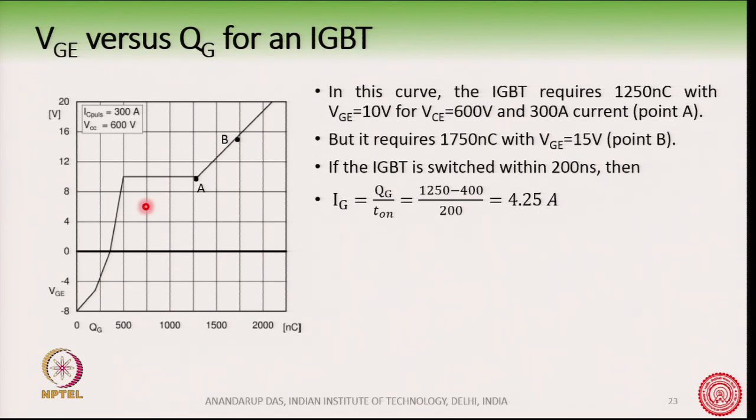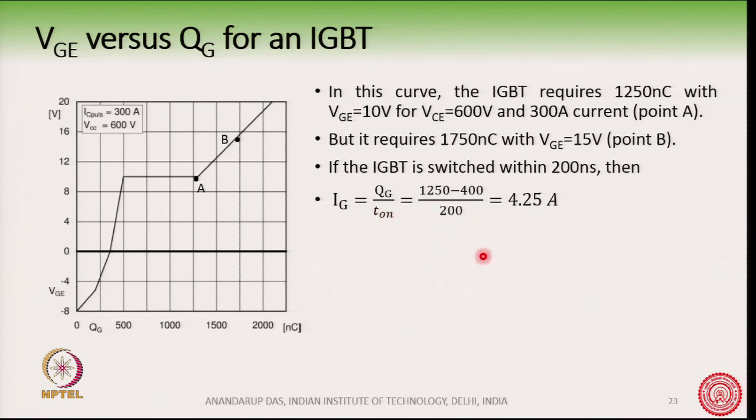Now if you say that I want to switch this device within 200 nanoseconds, then in an average sense I can say that the gate current required will be the total charge divided by the time.